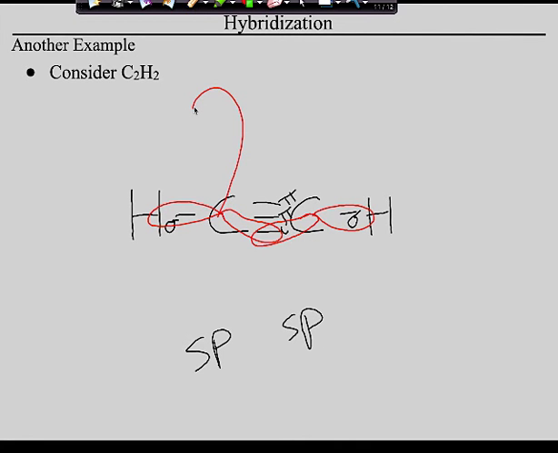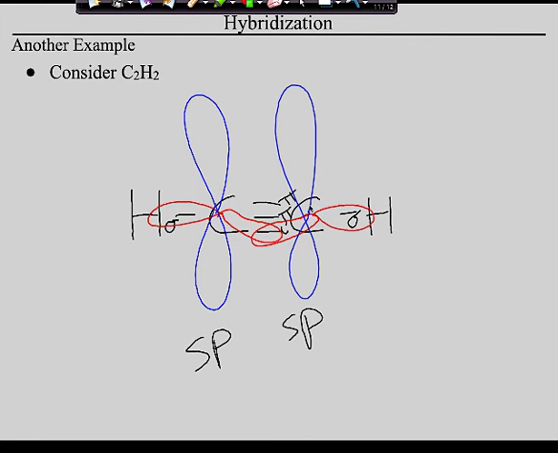So what happened to those p orbitals? Let's see if it'll let me do this. So what happened to those hybrids? We actually have one here, and then coming back, we will go green.